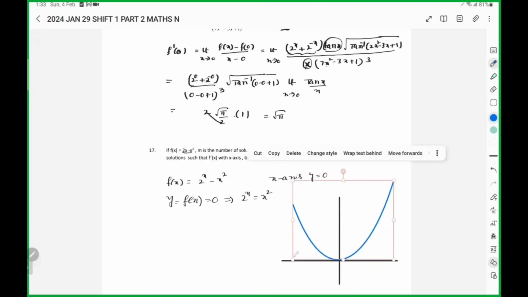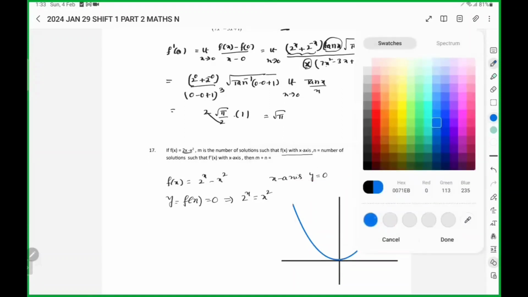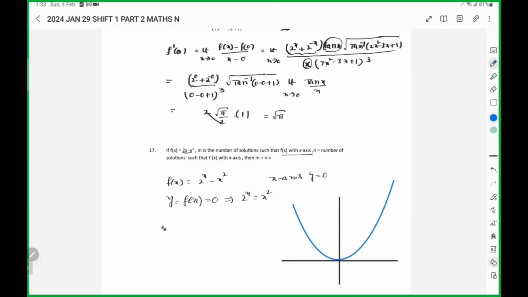And the 2 power x graph: as x tends to minus infinity, 2 power minus infinity approaches 0.